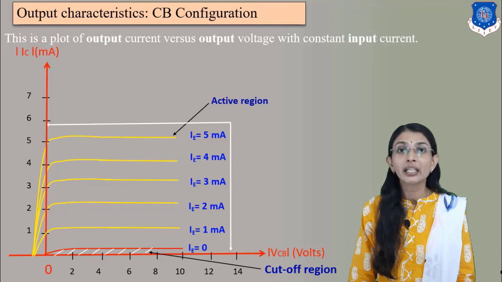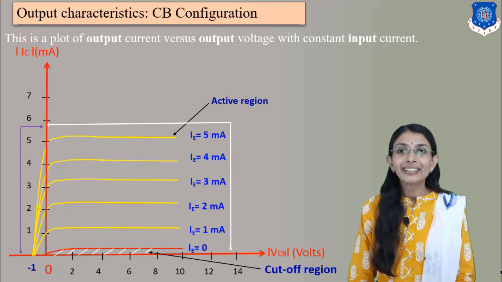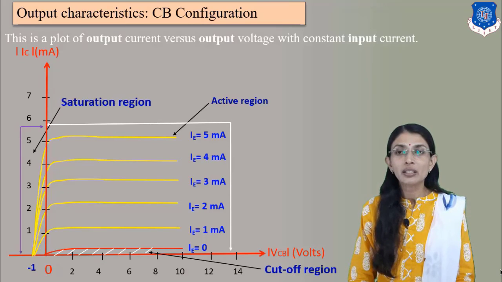That means when the transistor operates in this region of operation, that means active region, the transistor can always be used as an amplifier. But look at this, there is a small region on the negative side also, especially in common base configuration, and that small region corresponding to negative VCB is known as saturation region.